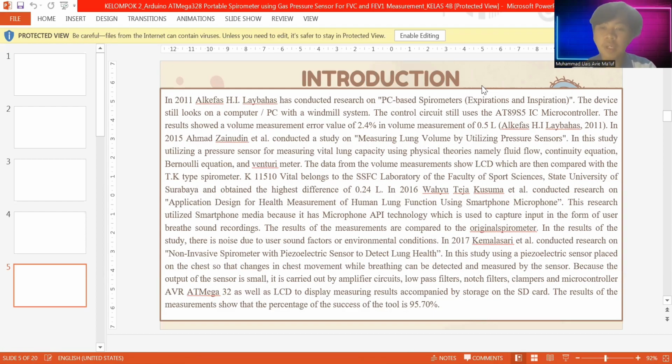In 2016, Wahyu Teja Kusuma et al. conducted research on application design of health measurement of human lung function using a smartphone microphone. In 2017, Kamalasari et al. conducted research on a non-invasive spirometer with piezoelectric sensor to detect lung health.